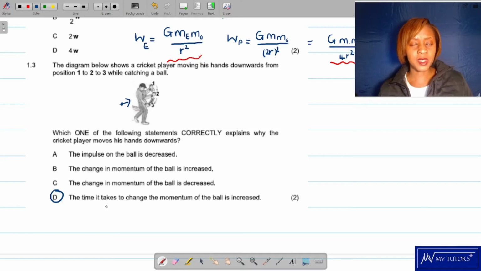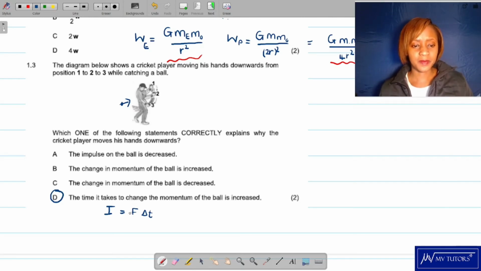Okay, I'm thinking along the lines of, impulse is equal to force. Is it force times delta T? Yes, I think it's force times delta T. Okay, so you're trying to increase the time, so that the force on the player's hands actually is reduced because of the increased time.